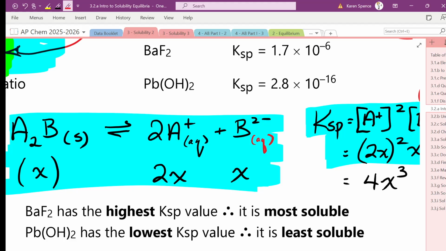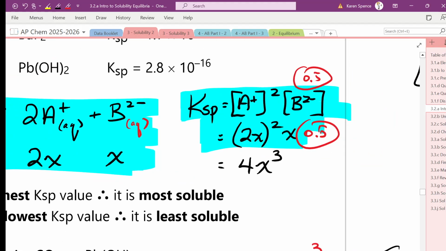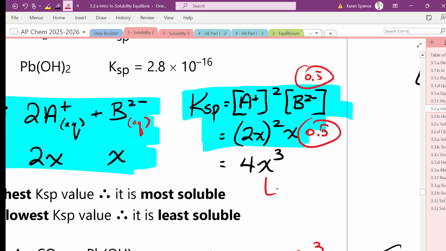Now going back, because these all have the same ion ratio, their solubility compared to their KSP will all be the same. You will find them in the same way. So solubility would equal KSP divided by 4, cube root.